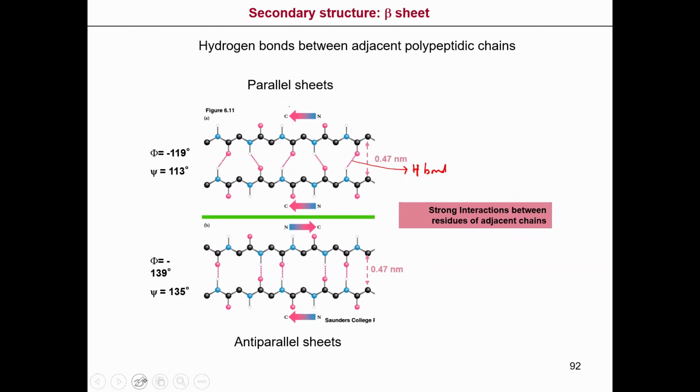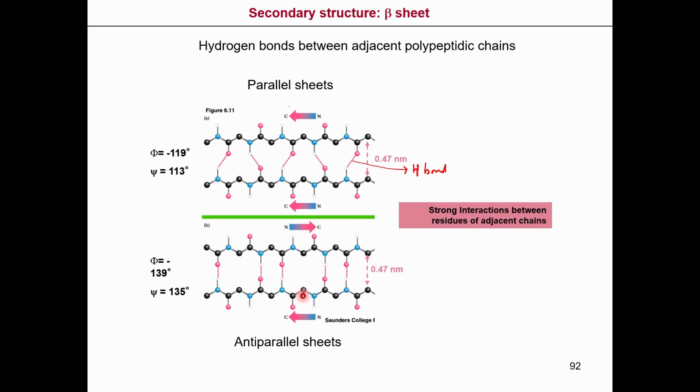Do you remember what I told you about hydrogen bonds? In your opinion, in which case do you have the stronger hydrogen bond? In the parallel sheet or in the anti-parallel sheet? It's the anti-parallel sheet. Yes, why? Because the bond is strained.